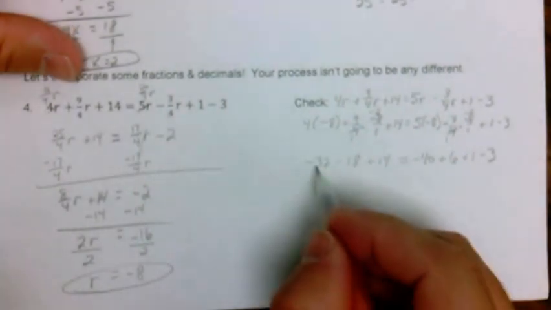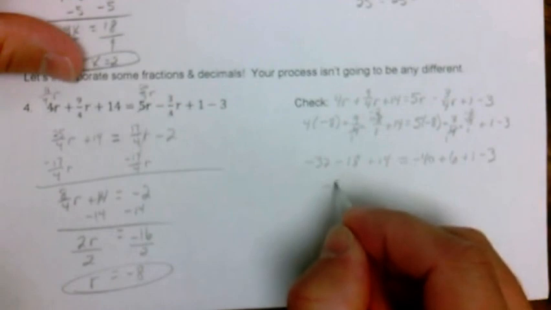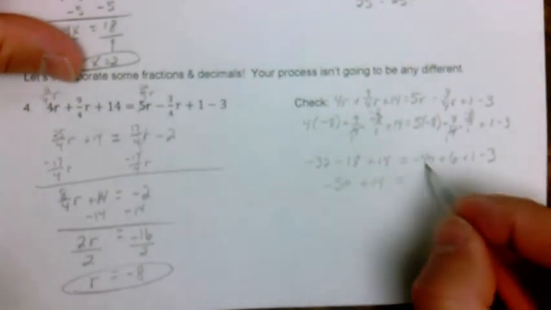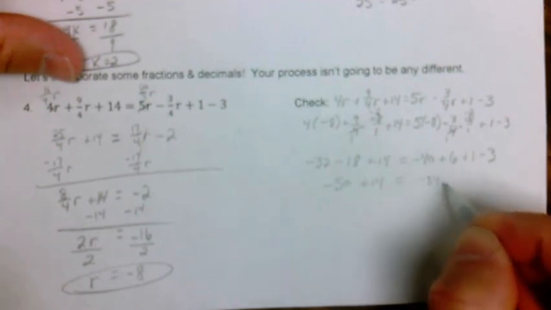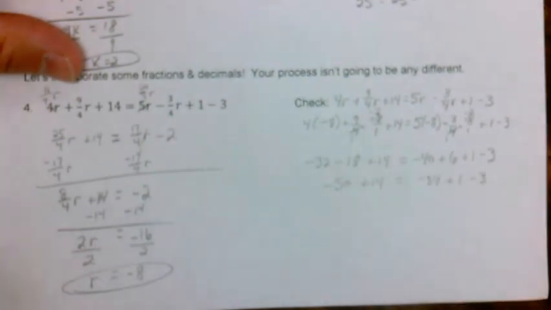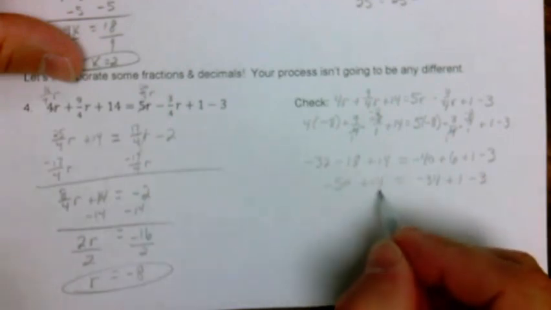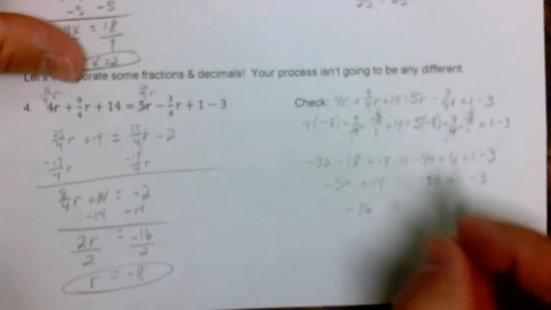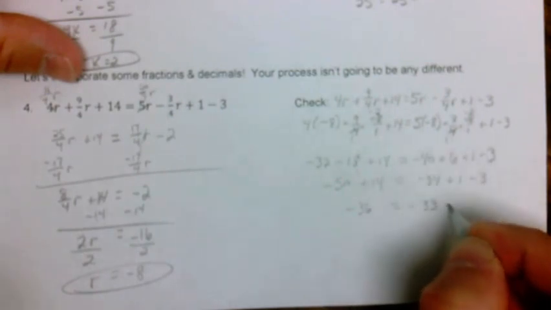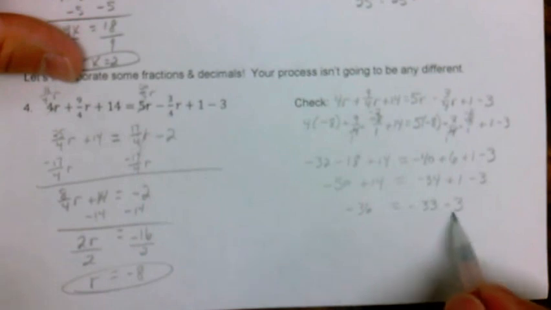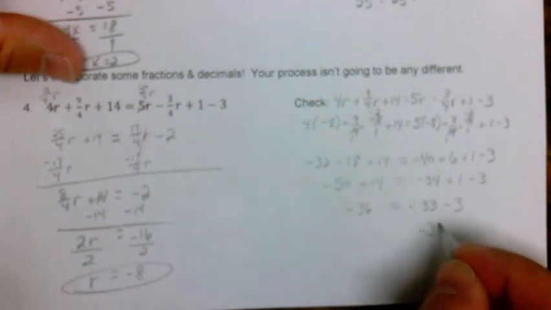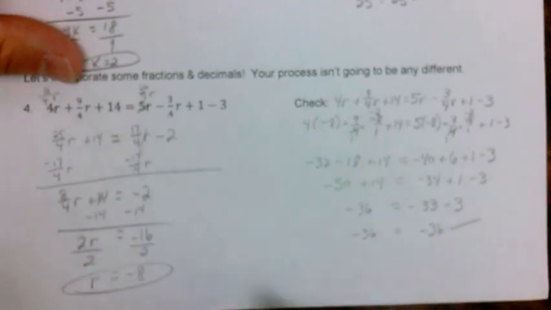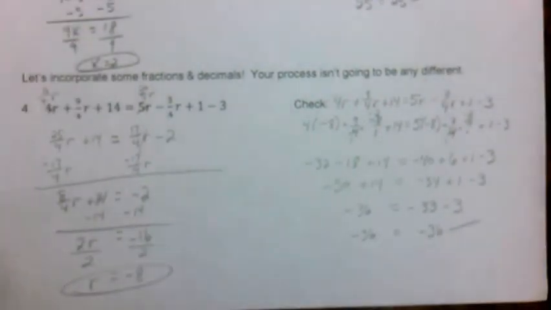On the left, -32 minus 18 is -50 plus 14 equals, on the right, -40 plus 6 is -34 plus 1 minus 3. -50 plus 14 is going to be -36. -34 plus 1 is -33. And then -33 minus 3 is -36. So -36 equals -36. The check worked out. R has a value of -8.